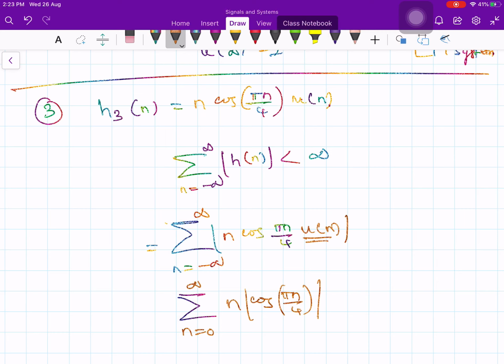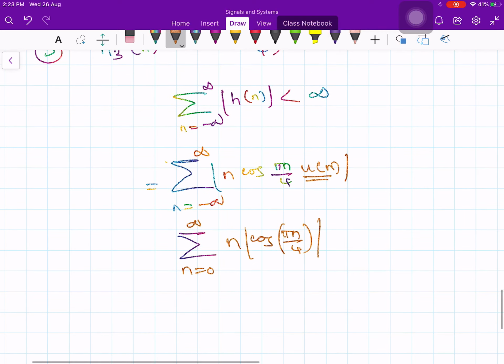As n increases, the term inside the summation also increases, therefore it grows. So this sum does not have a finite value, because the function n increases as the value of n increases in the summation. Therefore h of n cannot be the impulse response of a stable LTI system.